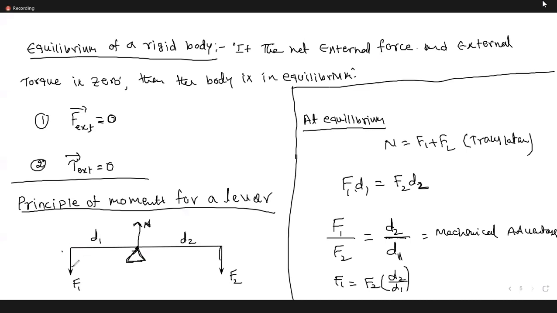Actually, we call F1 the load and D1 the load arm. F2 is the effort and D2 the effort arm. So F1 by F2 equals D2 by D1.